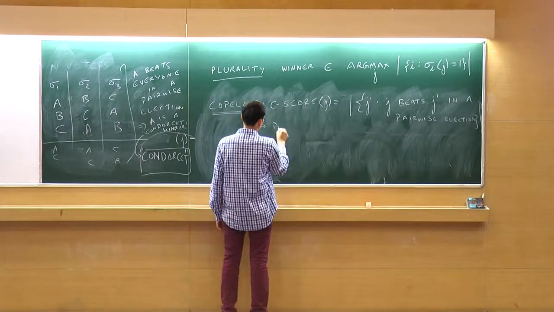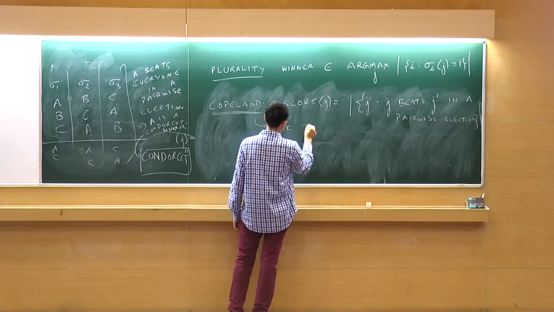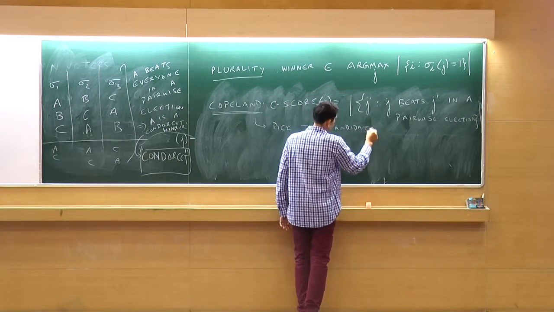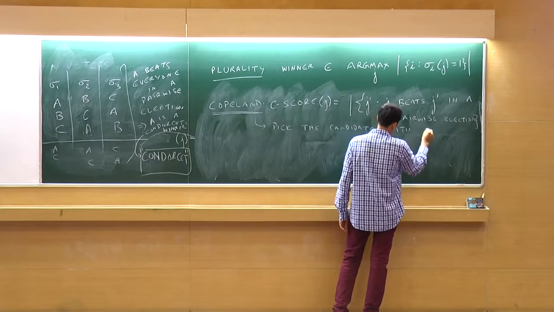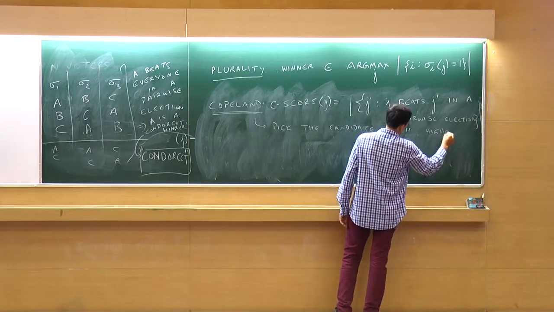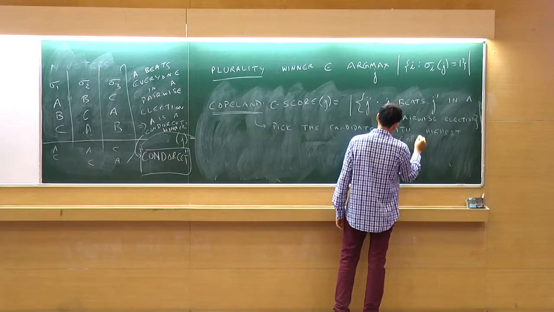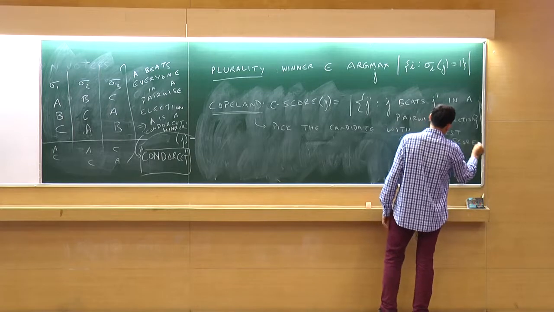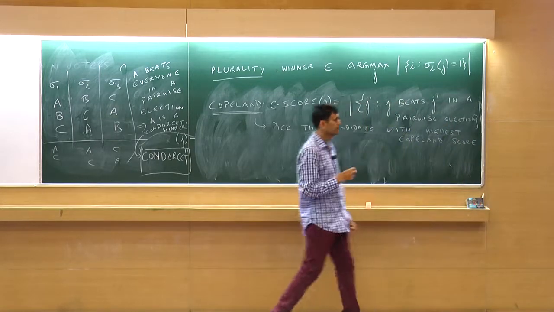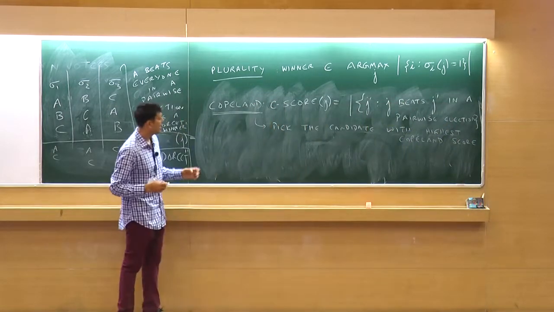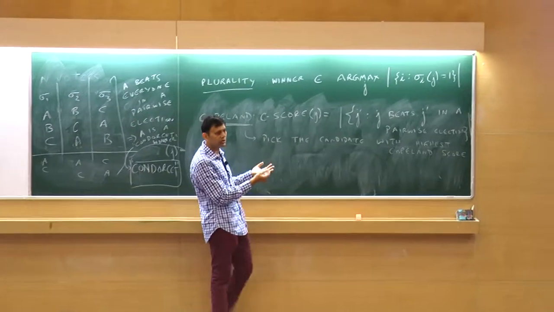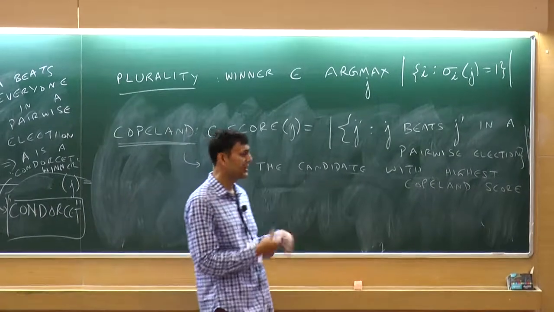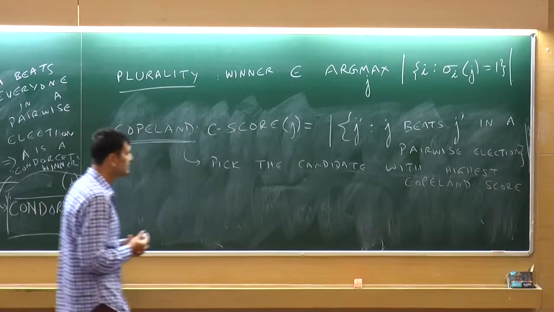So the Copeland rule says: pick the candidate with the highest Copeland score. Because when there is a Condorcet winner, that candidate will have a score of m minus 1.